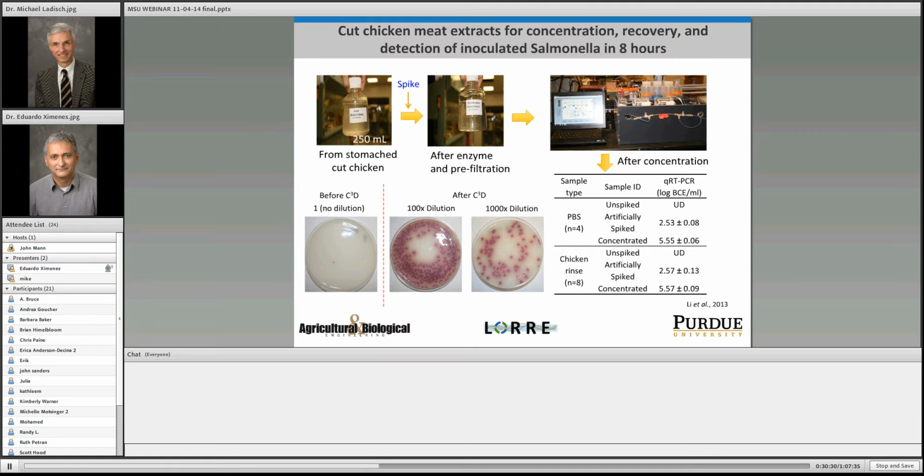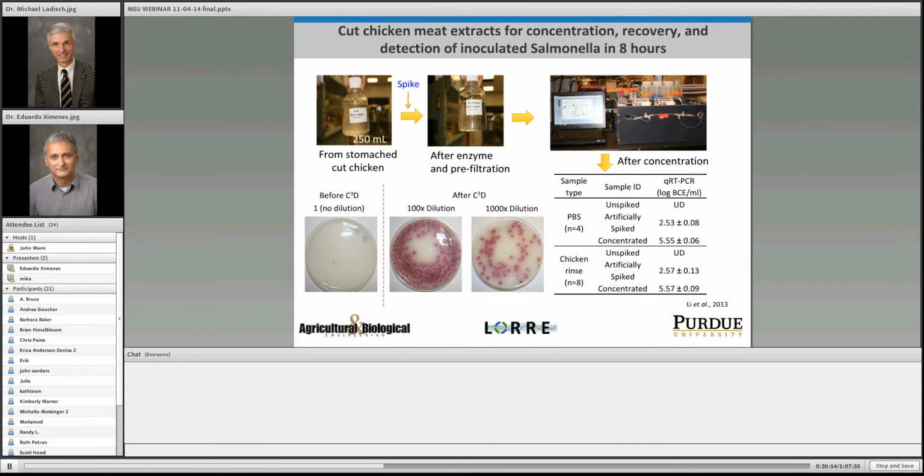So again, the first step was sample preparation, and we mix pieces of the chicken in a 1:9 ratio. Then we stomach that, and the final volume of our solution was 250.